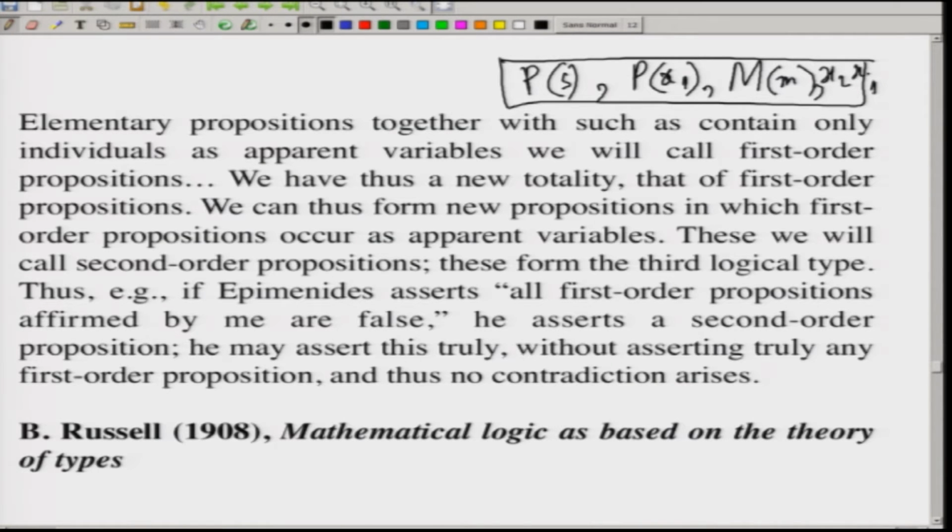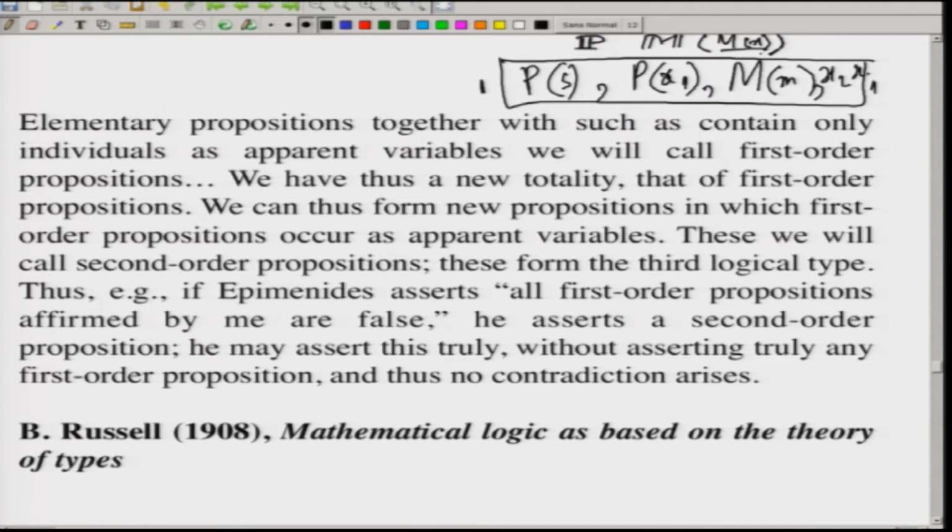Now, what is the secondary proposition? If they are level 1, then the secondary proposition will be something like this very special P or this very special M, which will talk now about mx, a primary proposition.